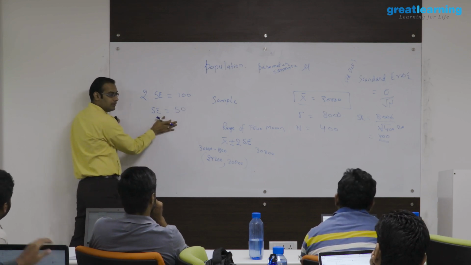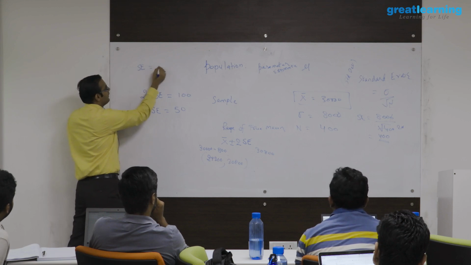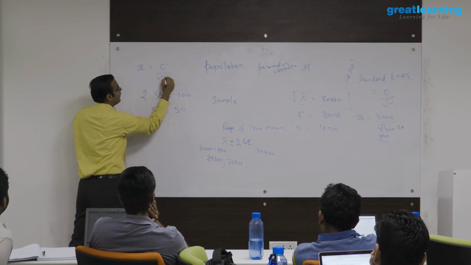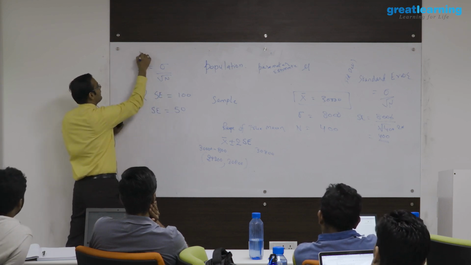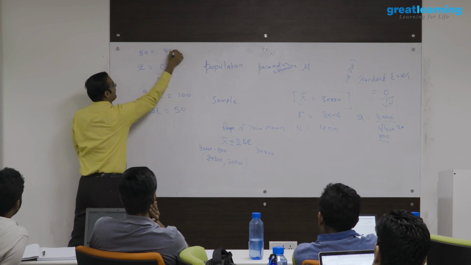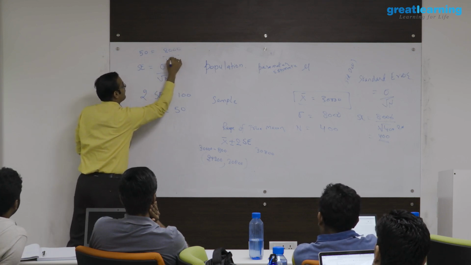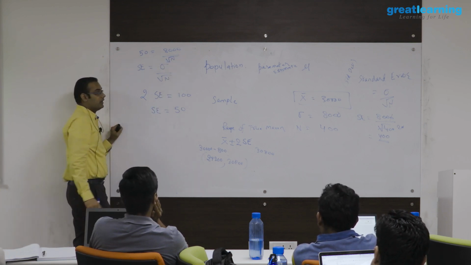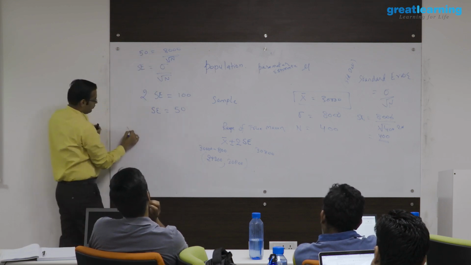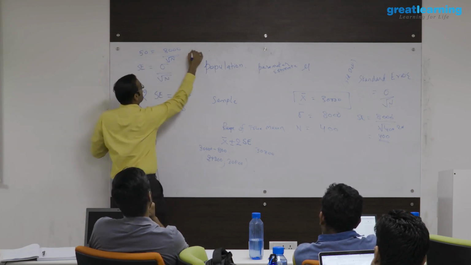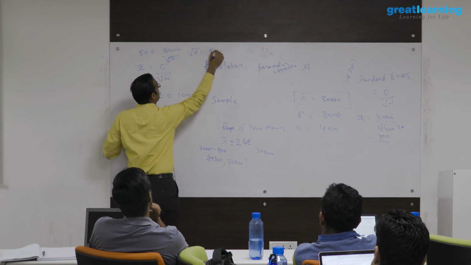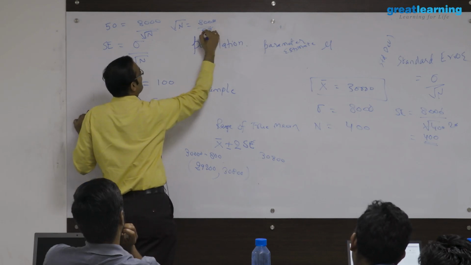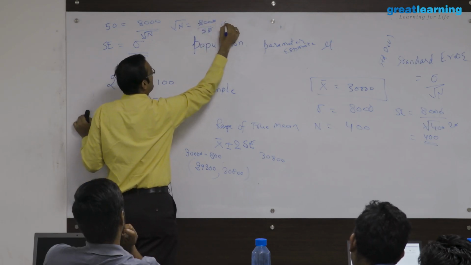If my standard error can be max 50, what is the standard error formula? Sigma divided by root n. Now I know this is 50, this is 8,000, and root n is unknown. So root n is equal to 8,000 divided by 50, which is 160.